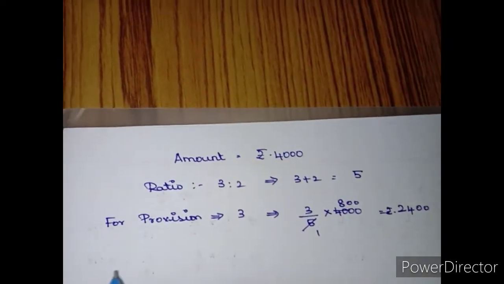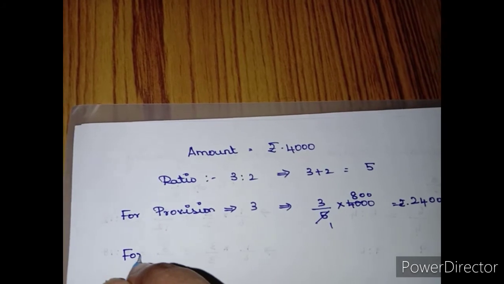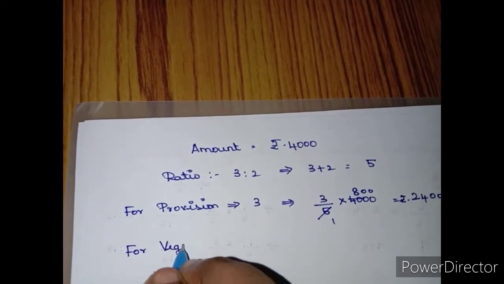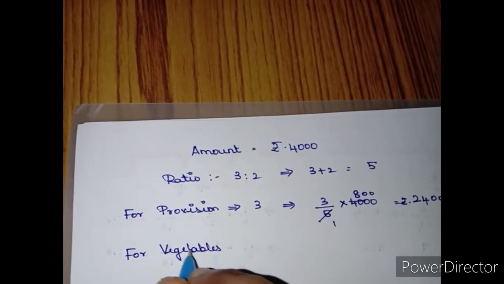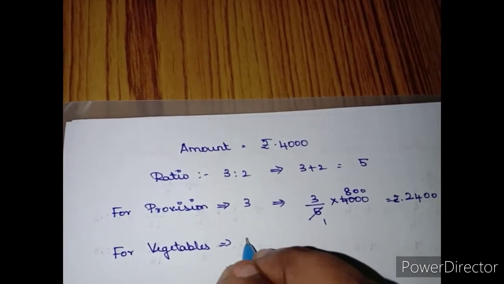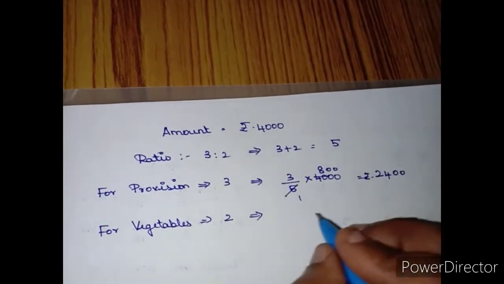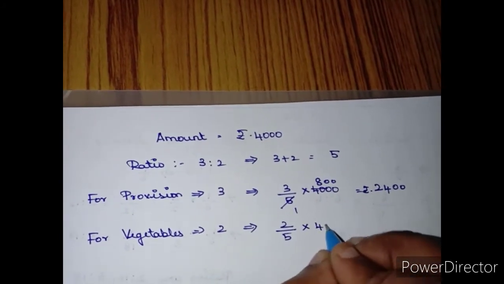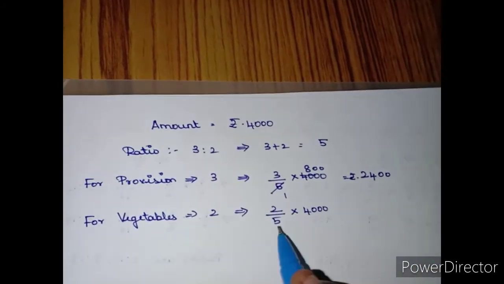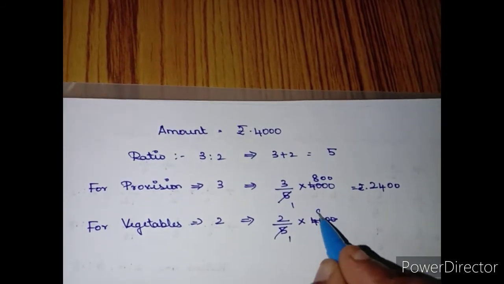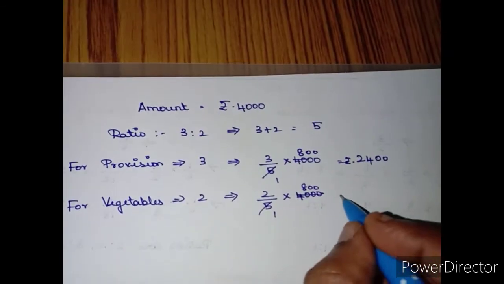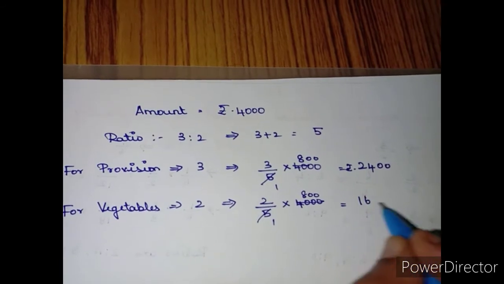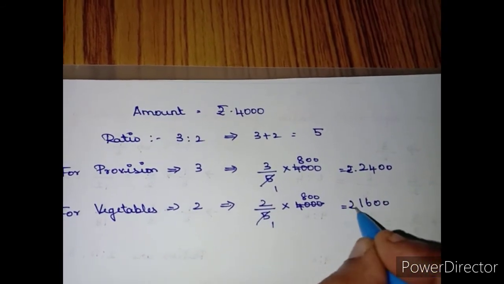Next is for vegetable, 2 parts. 2 by 5 into 4000. The same thing, right? One time 800. 2 eights are 16, 0, 0.